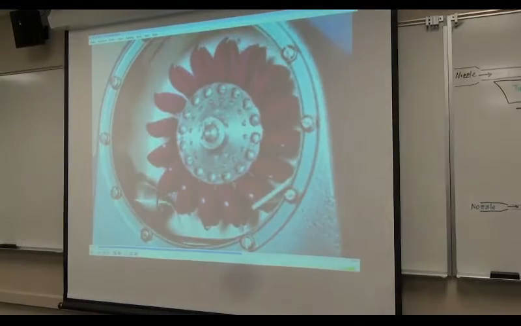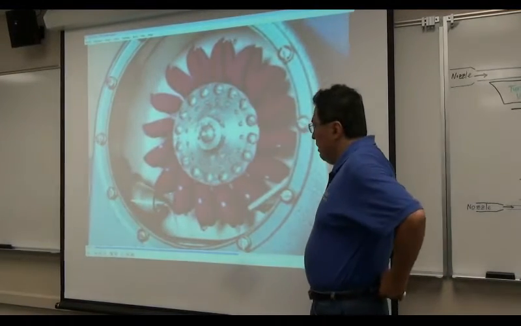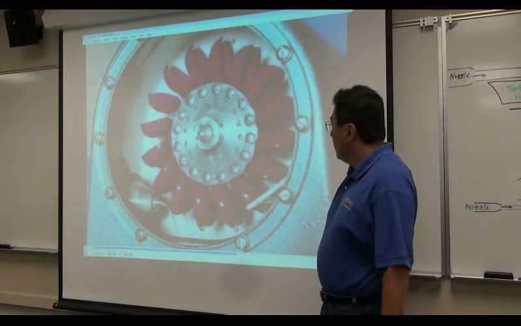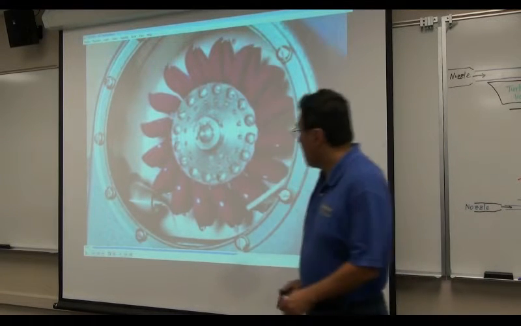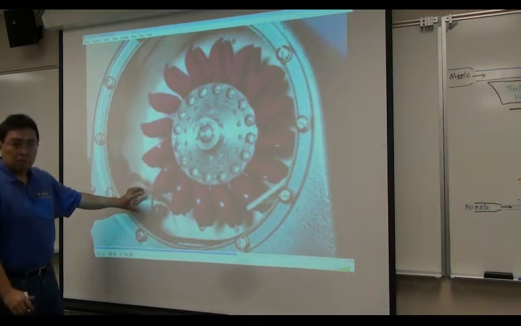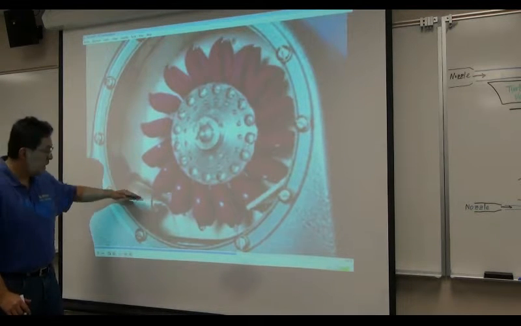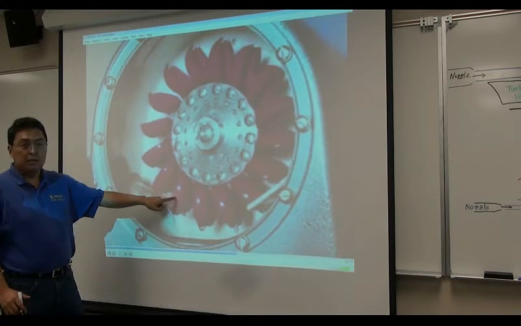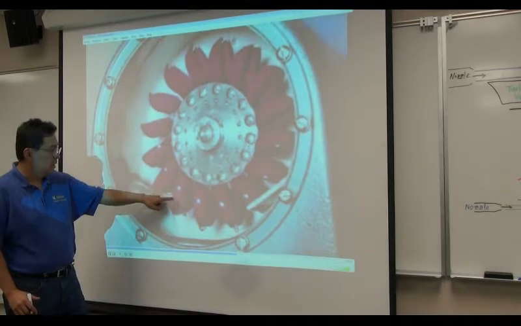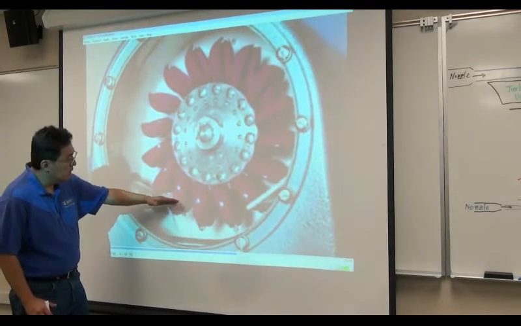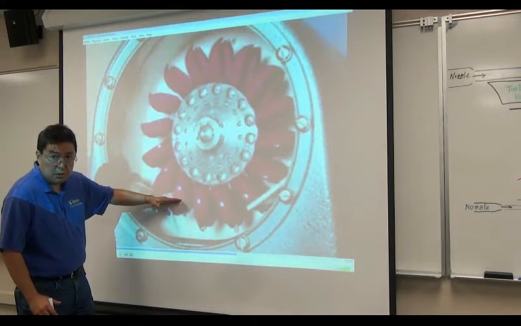Okay. This is a video I believe I showed you already in the class, but let's take a look at it again. This is the water turbine. This is the nozzle, and then the water jet comes out and hits the vane. This is the turbine vane. And because of the time rate of change of momentum, it is going to create force.